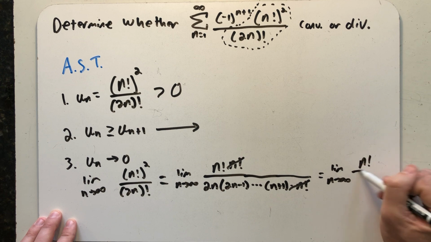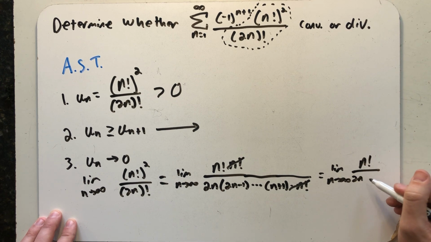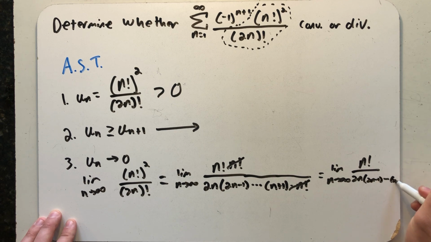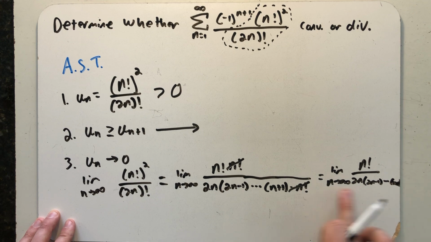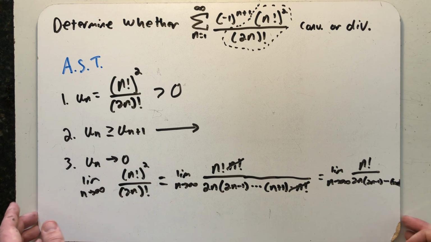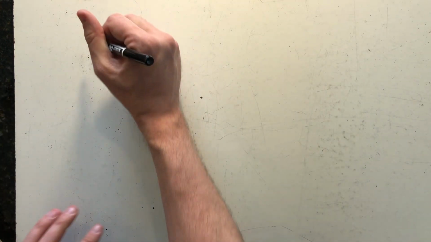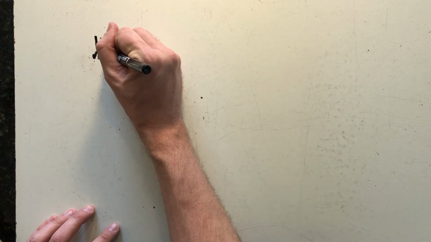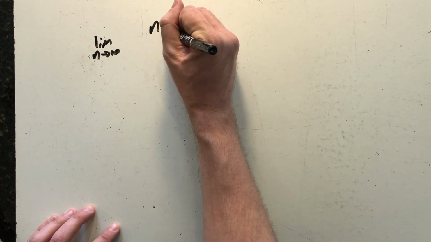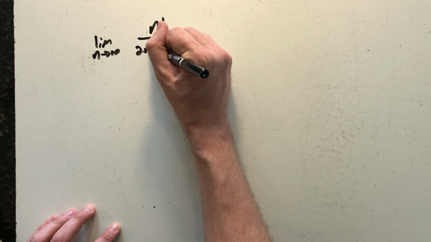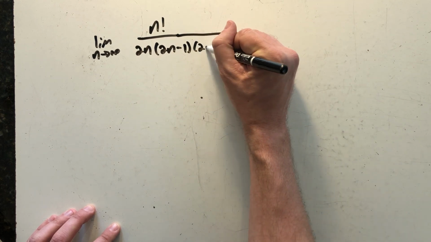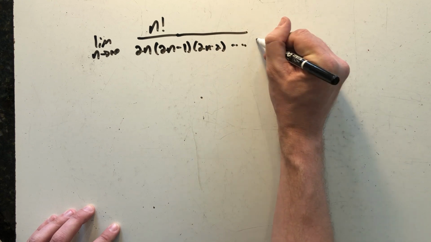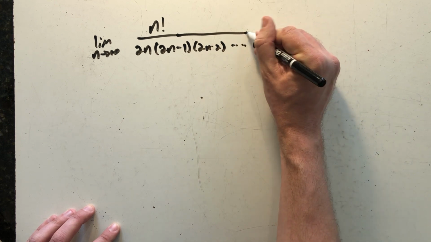n factorial over 2n times 2n minus 1 all the way down to n plus 1. And I've made a really bad decision trying to write that there, so I think I'll just rewrite that last statement. n factorial over 2n times 2n minus 1 times 2n minus 2 all the way until I get to an n plus 1.